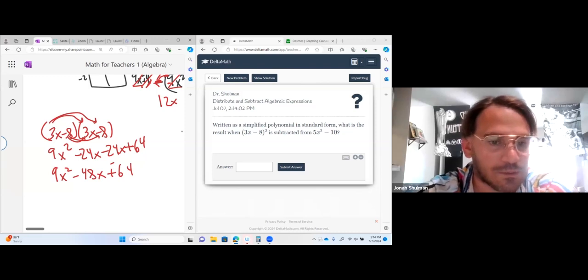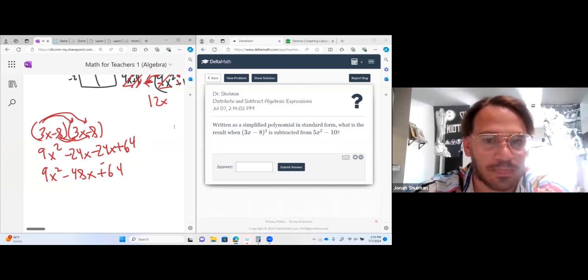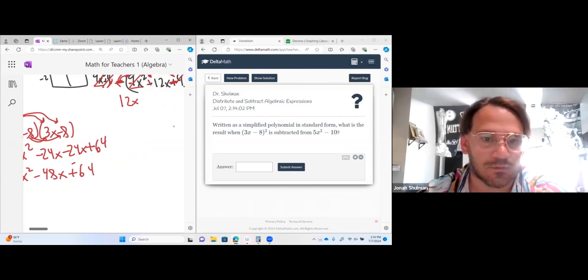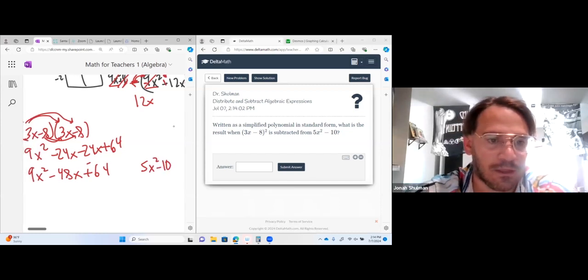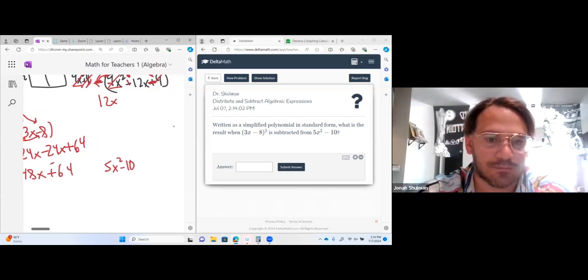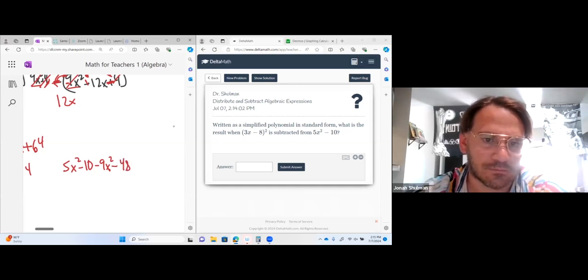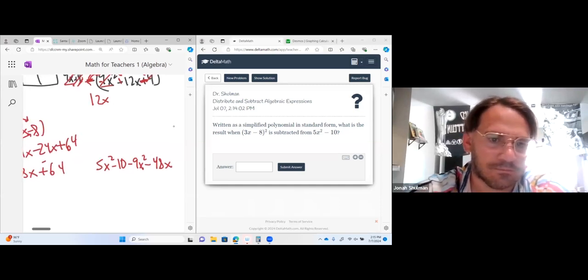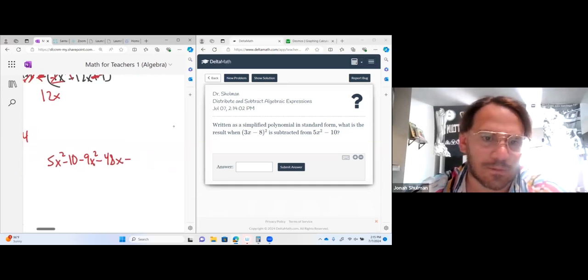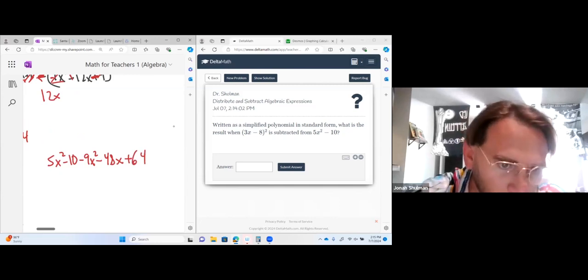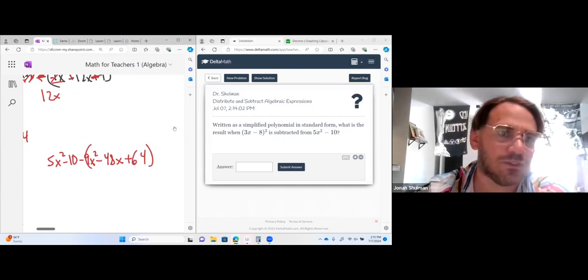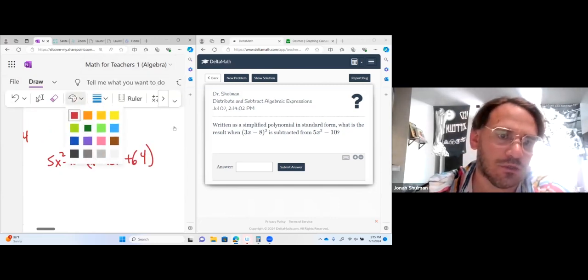Now this whole thing is being subtracted from this other piece. So it's 5x squared minus 10. And then it's minus 9x squared minus 48x plus 64. Now, this whole thing has to be subtracted. So this is why the signs change.